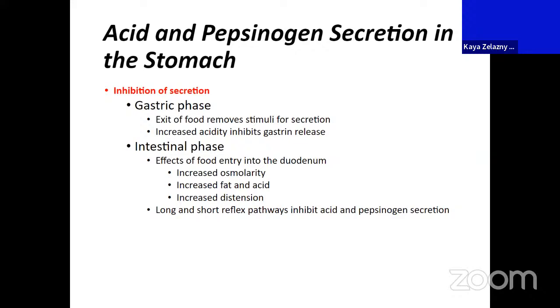Basically, we're going to have receptors that can sense that we now have food in the duodenum instead of the stomach. So what we're going to sense then, all right, this last one, this distension is just stretch, right? So physically feeling that stretch, there's more food in the small intestine, more food in the duodenum. But we're also going to sense some of the stuff that's in that chyme coming through.